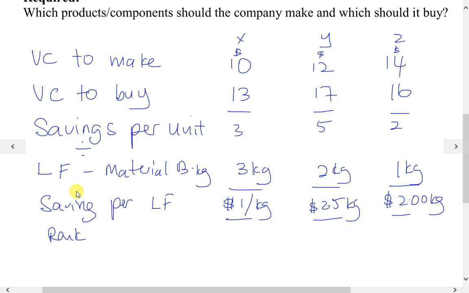So every kg allocated to make X, I will save $1. Every kg allocated to Y, I will save $2.50. And this one I will save $2. So we rank the one with the most savings as number 1. So I'm going to produce Y first because I'm going to save more. This one will be 2 and this one will be 3.